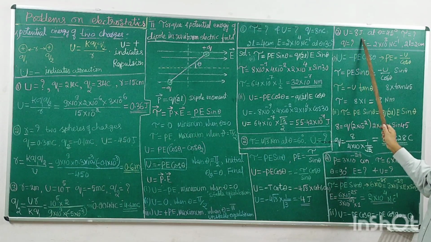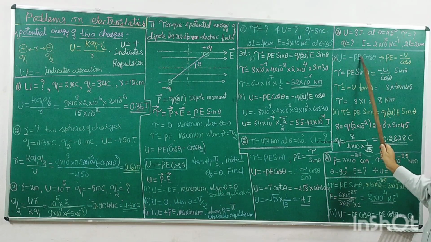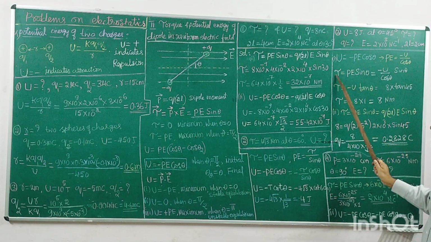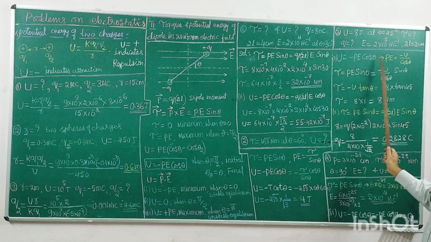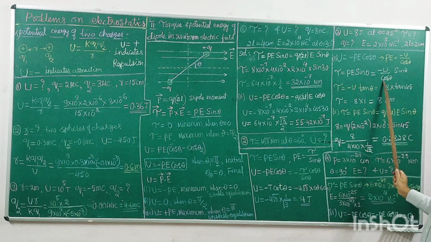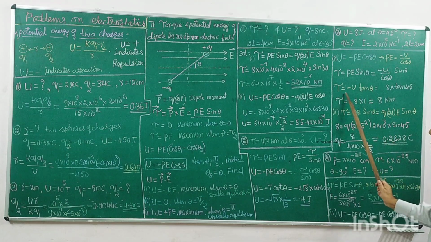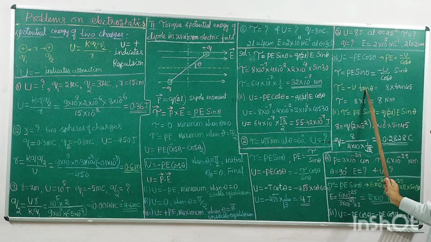U value is given, theta value is given, can you calculate T value? You can calculate because use the same equation and write this equation in terms of U. That is, rewrite as this and substitute this into this equation, you get this. Sin theta by cos theta is tan theta. That is, finally we have T is equal to minus U into tan theta.